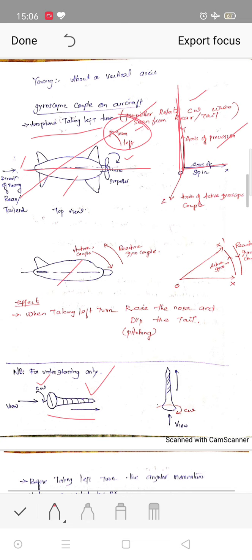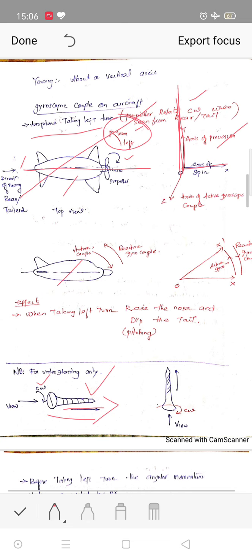While giving a clockwise rotation to the screw, what will happen? The screw will move in the right direction, right? So the direction of view is very important. If we view from the left side, the propeller is rotating in clockwise direction.